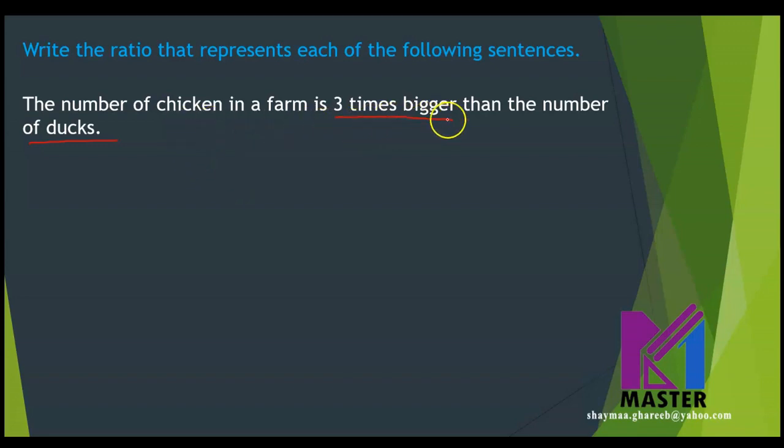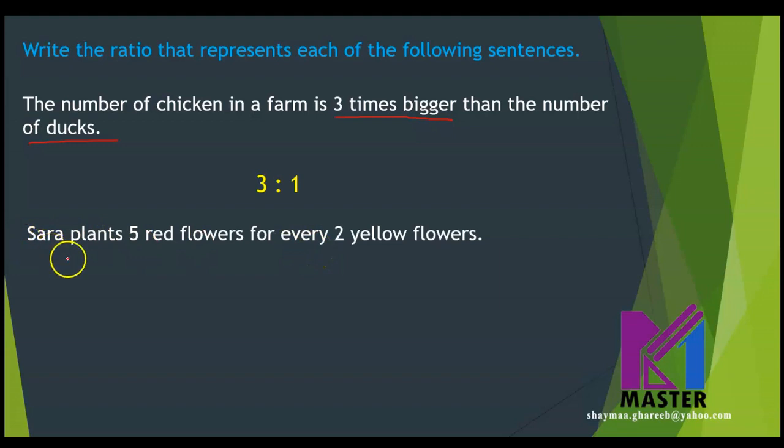So the chicken is 3 times bigger than the ducks, which means that the ratio will be 3 to 1. Sarah plants 5 red flowers for every 2 yellow flowers. So the ratio here of the red flowers to the yellow flowers will be 5 to 2.